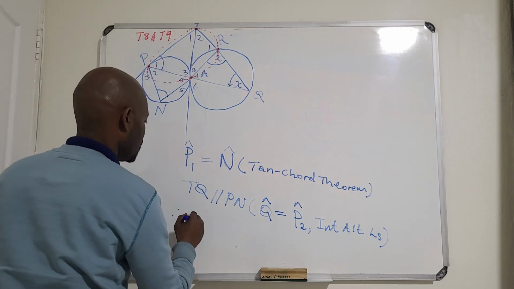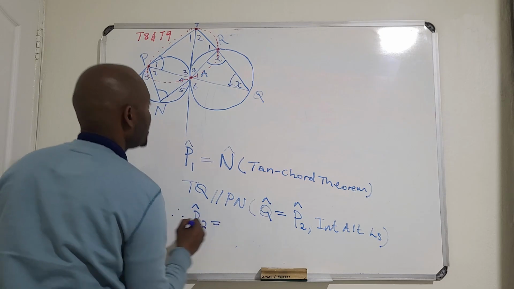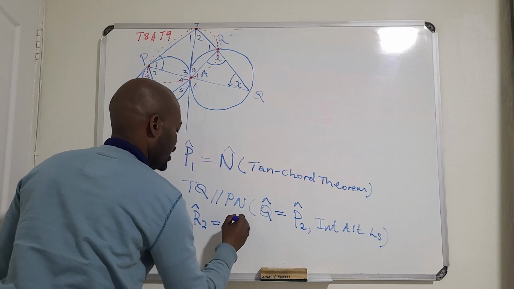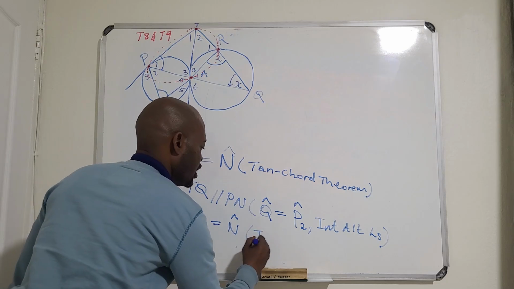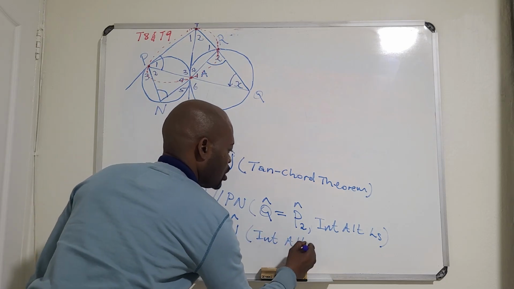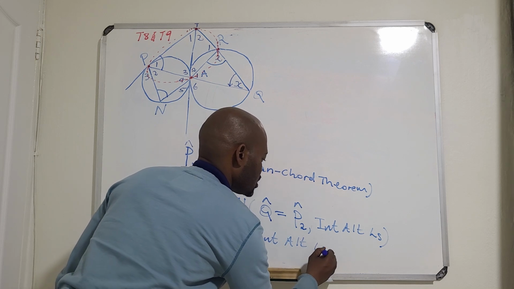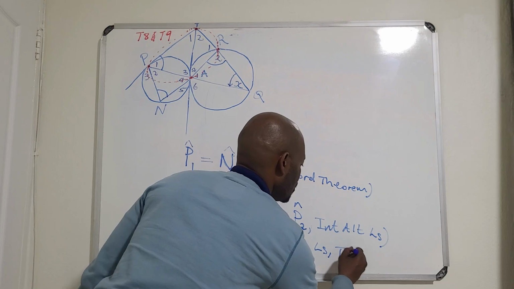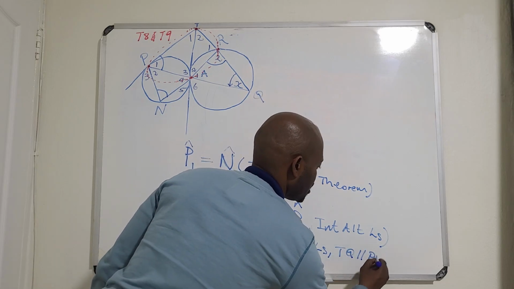Therefore, angle R2 is equal to angle N, reason alternate interior angles. Why are they alternate? Because TQ is parallel to PN.